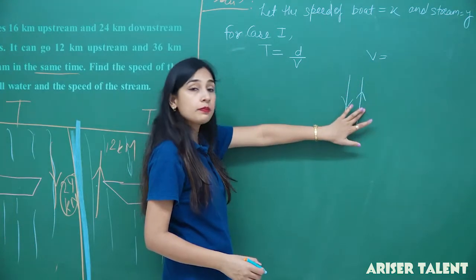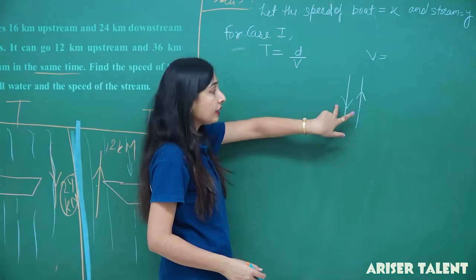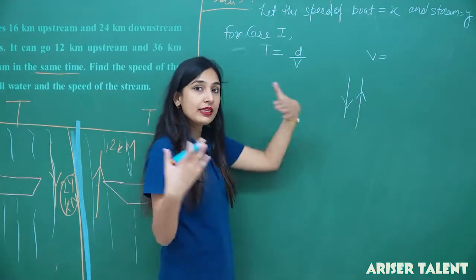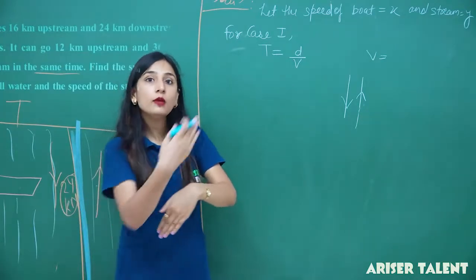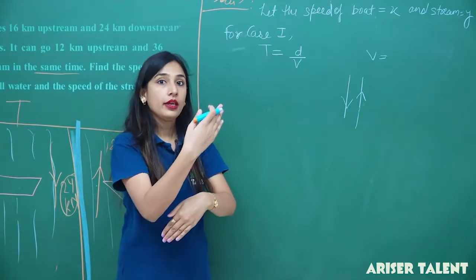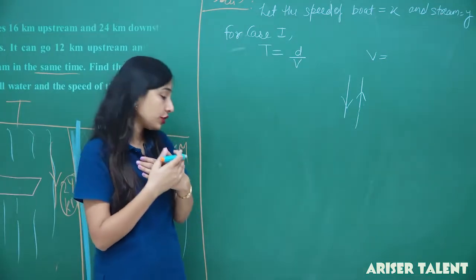That means the speed is greater than this speed, so that will be minus, because they are in opposite direction. Stream is downwards and the boat is upward, so they will be subtracted from each other.